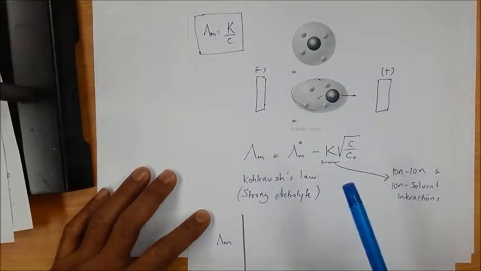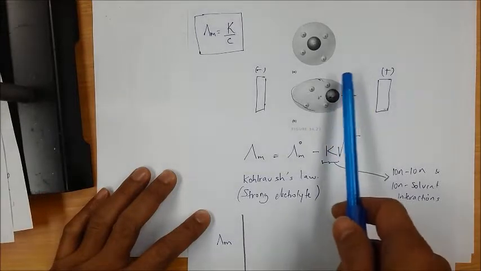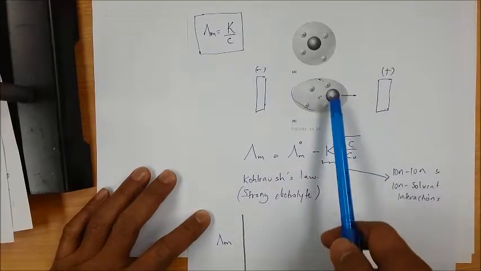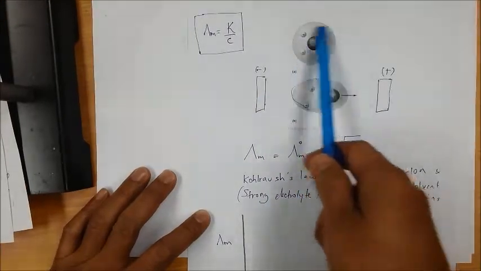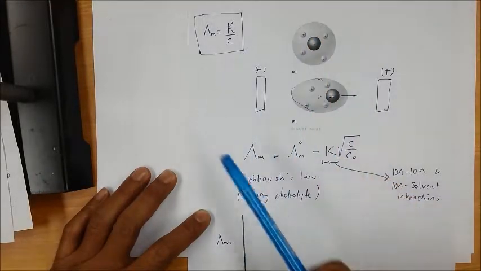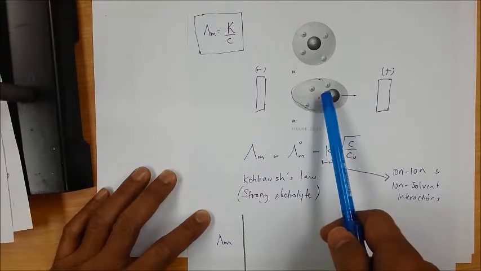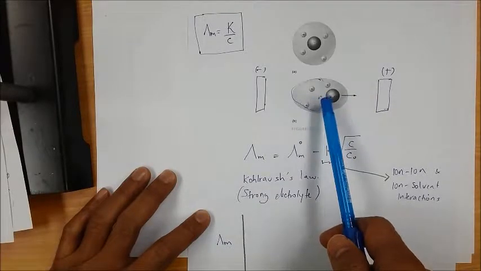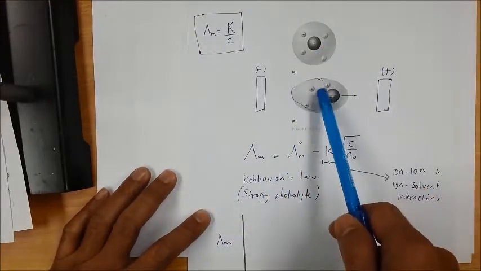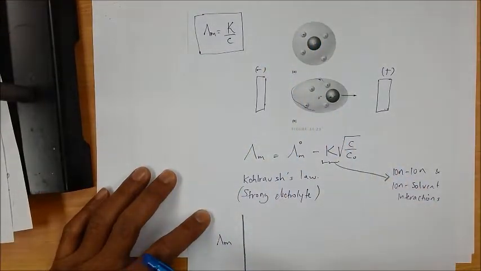So one effect is that when the electric potential is applied, the sphere that we discussed, the Debye-Huckel sphere or the diffuse ion sphere surrounding the central ion, will be disturbed, and it will form this unsymmetric shape instead of the symmetric sphere shape.